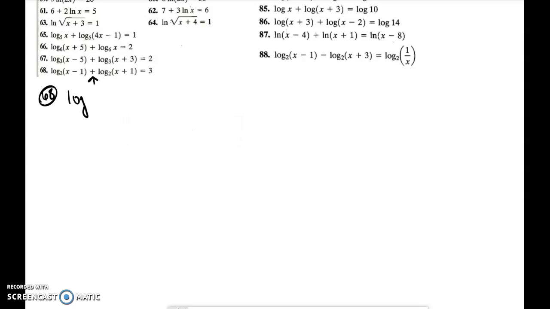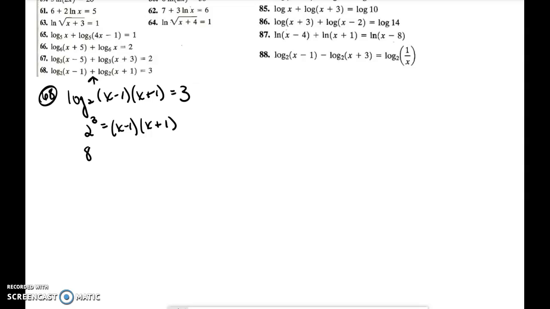So I would have the log base 2 of the product of x minus 1 and x plus 1 equal to 3. And if I then rewrite this in exponential form, 2 cubed, the base of 2 and the exponent of 3, would be equal to this quantity.